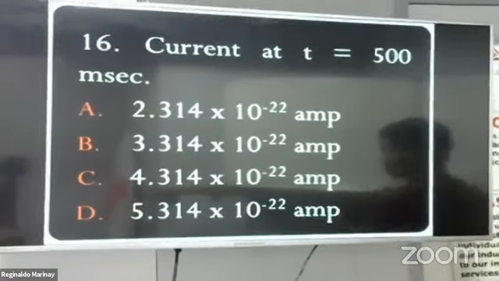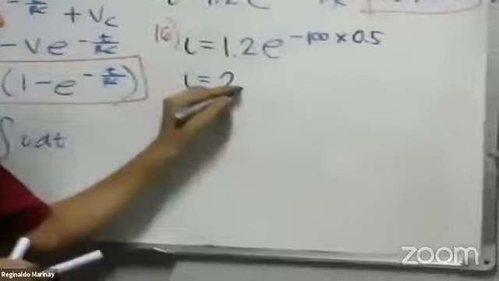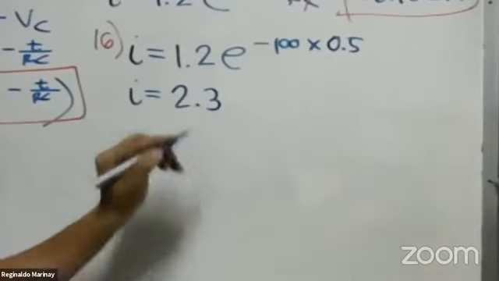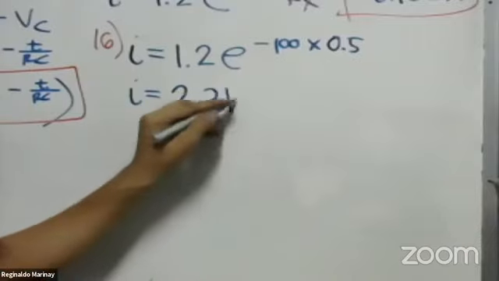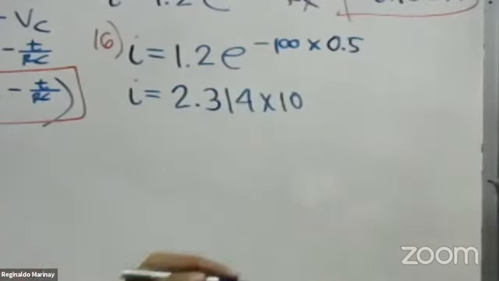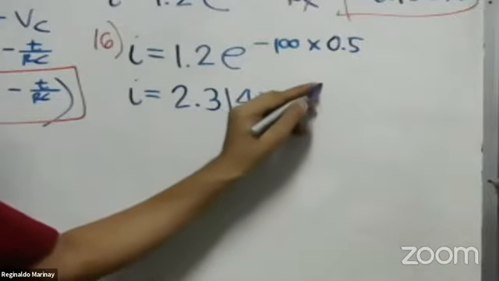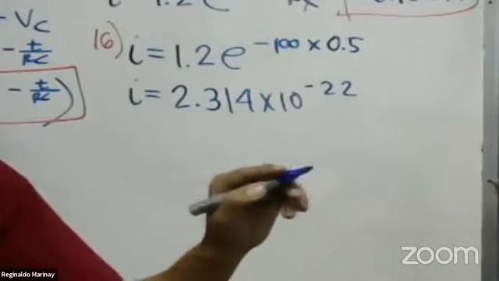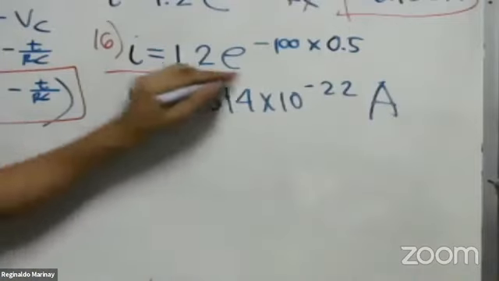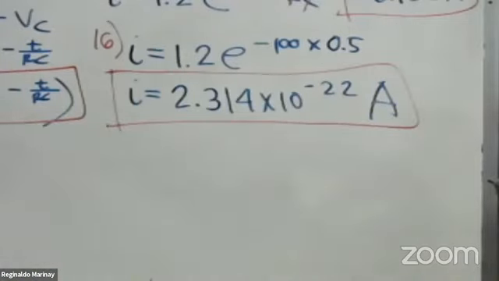So that is 2.314 times 10 raised to negative 22. Very small. That is in amperes. Okay, that is our current. Letter A is the answer.